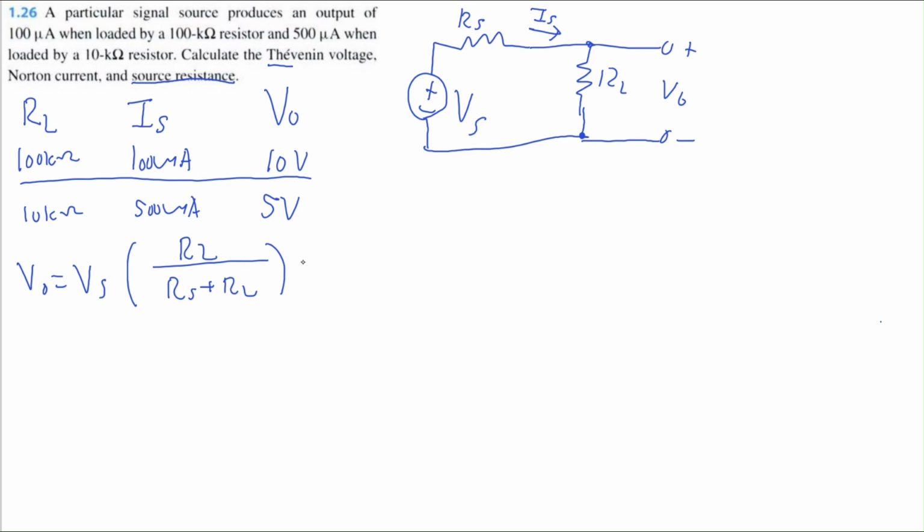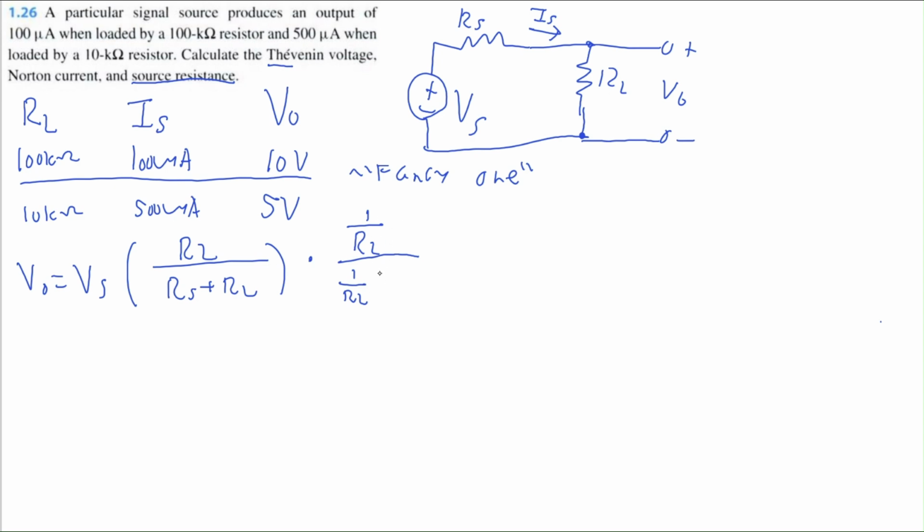Now what I'm going to do is multiply the right-hand side of the equation by what my calculus teacher calls a fancy one, and it's basically just an expression that has the same value in the numerator and the denominator, so that it essentially just equals 1, but it will make our algebra easier. Because I'm not really concerned with RL, right? I'm trying to solve for RS. So I'm going to try to simplify this by multiplying the numerator and the denominator by 1 divided by RL.